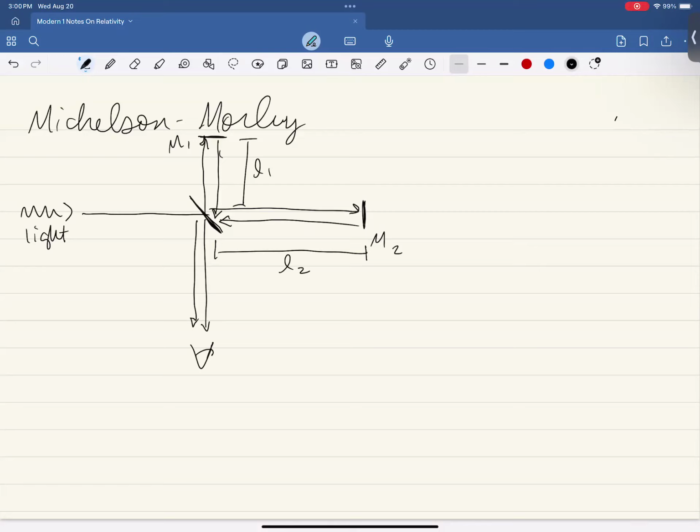So the idea is that light comes in at the source, hits the beam splitter, goes to M1, bounces and comes back, hits the beam splitter again. And then, of course, simultaneously, the other beam is going through the beam splitter, hitting M2, coming back, and then the two traveling beams merge together and go to the detector there. Because those two beams took different paths and merged together, they create an interference pattern.